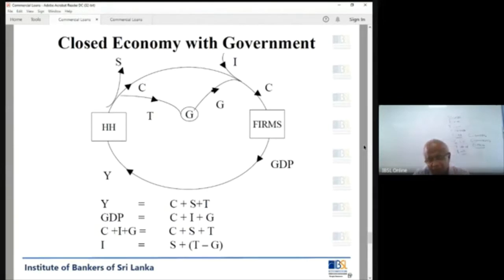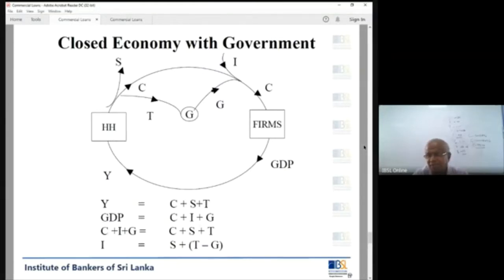Investment I is financed using household savings plus government savings, T minus G. If government does not save, as in the Sri Lankan case, government savings are negative, minus, not plus. Then what will happen? Big problem.